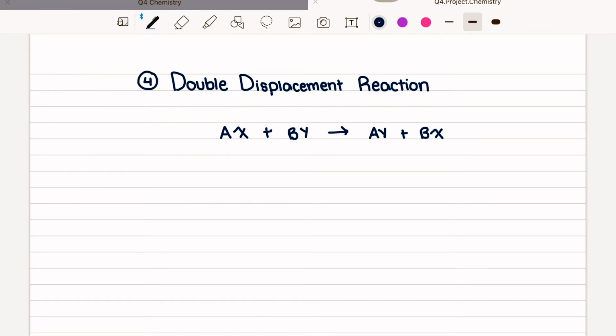As you can notice here, X and Y will be switching places. At first A is with X and B is with Y. But then after that, A is with Y and B is with X instead. So this will occur when the cations combine with the anions to form an insoluble or slightly soluble compound.